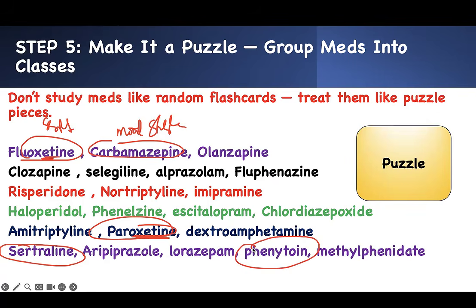It's a mood stabilizer. I don't see lithium there. These are the two that I have. If you're watching carefully, there's another SSRI here, which is what? Escitalopram. That's another SSRI, right? You got to go through, you do the puzzle, you may miss it, but you can come back.